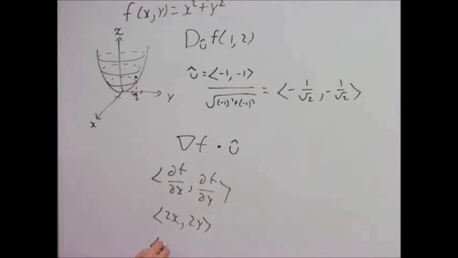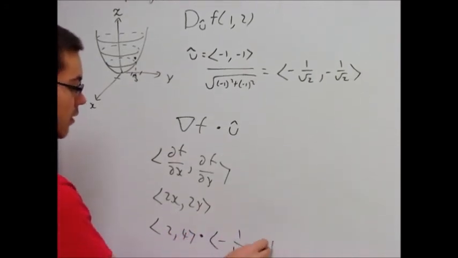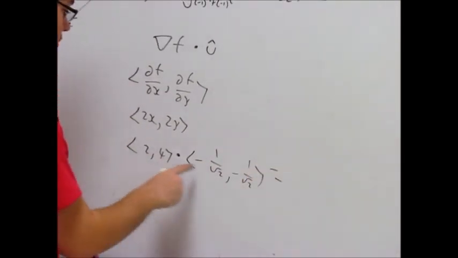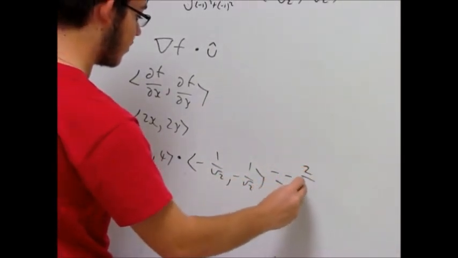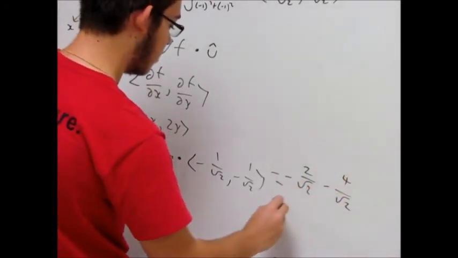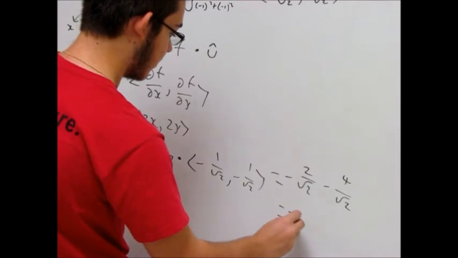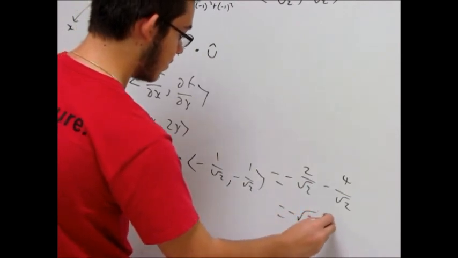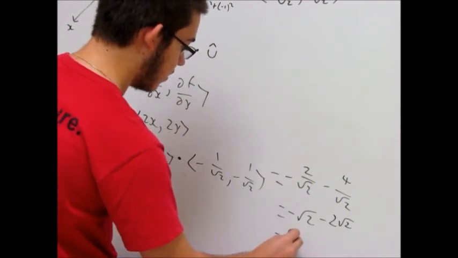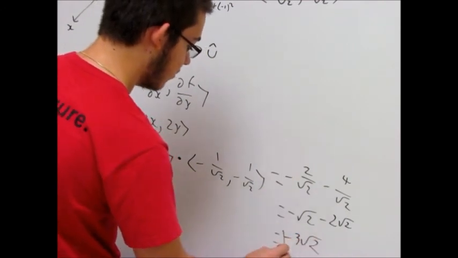So that's going to be (2, 4), dot product with (-1 over square root of 2, -1 over square root of 2), which is -2 over square root of 2, minus 4 over square root of 2, which is negative square root of 2, minus 2 square root of 2, that's -3 square root of 2.